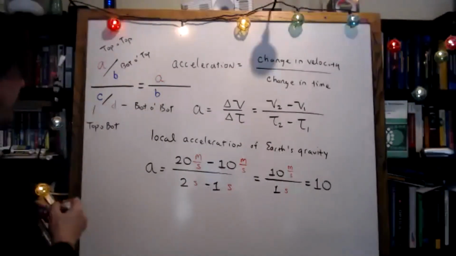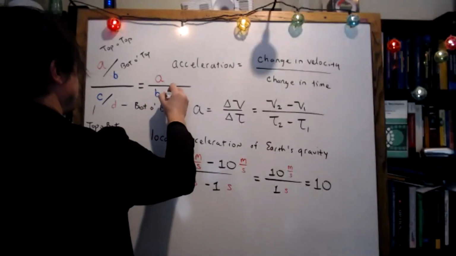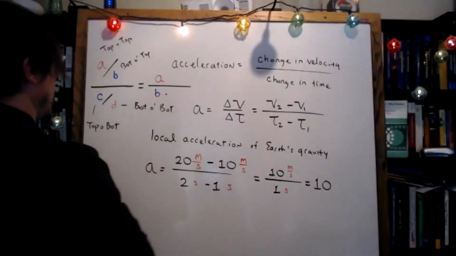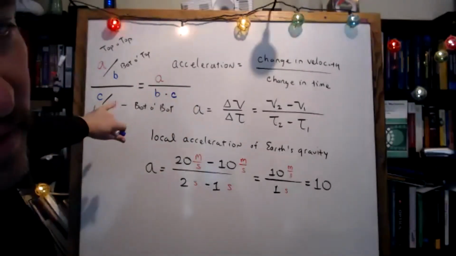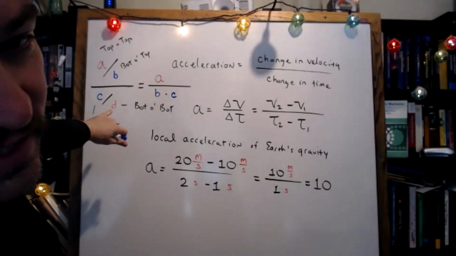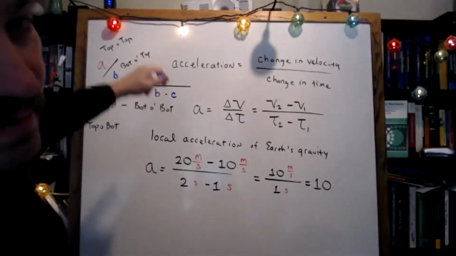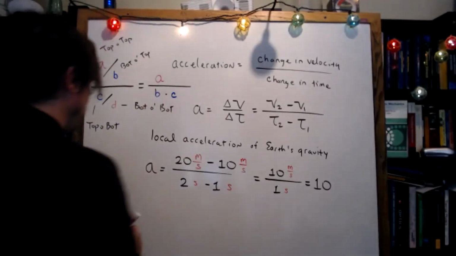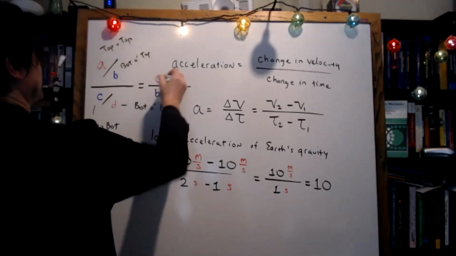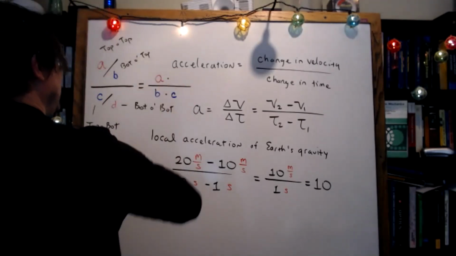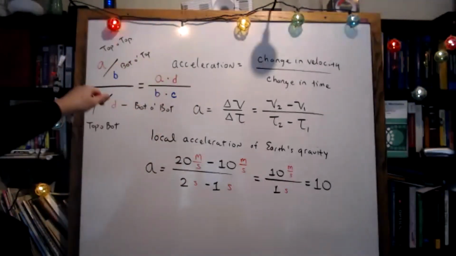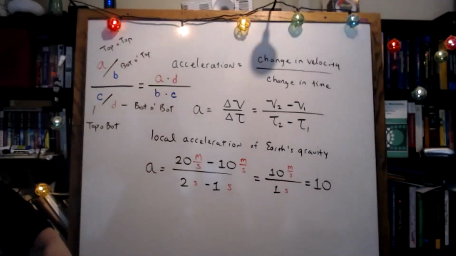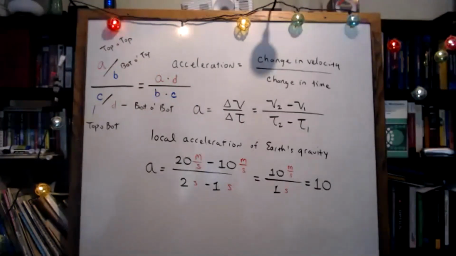That stays on the bottom. The trickiest one is the bottom of the bottom fraction, letter D. The bottom of the bottom flips back up to the top. So your final reduced fraction is A times D over B times C. Please write all that down because that's going to be very helpful for you, not only in this class, but in many other classes as well.